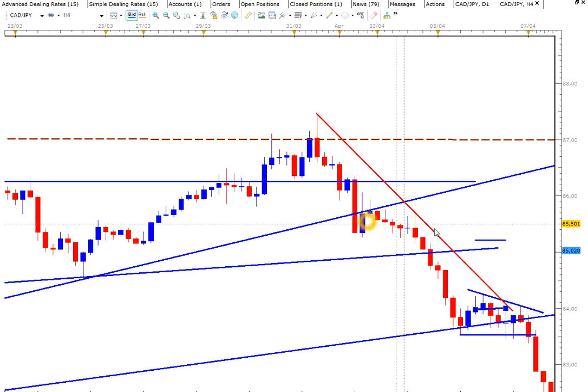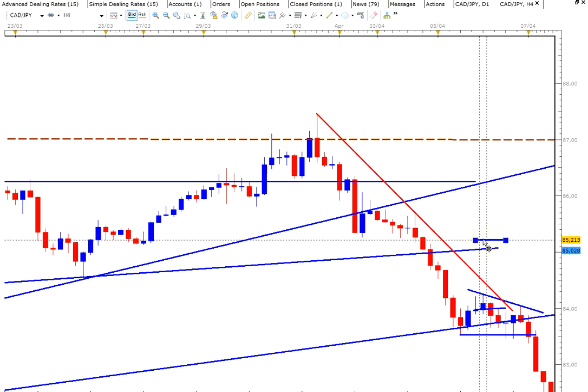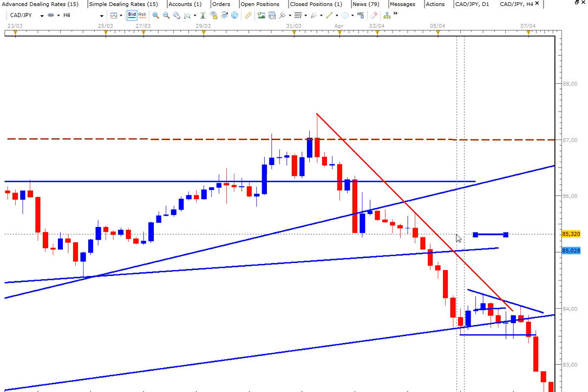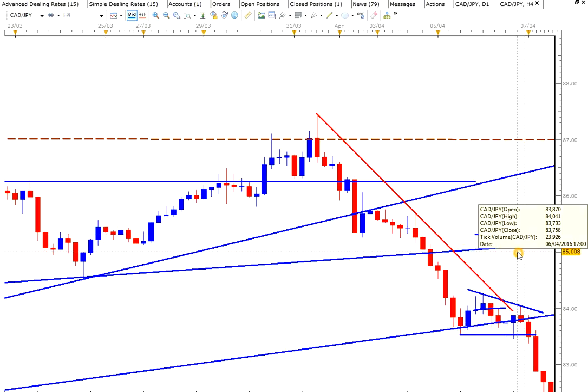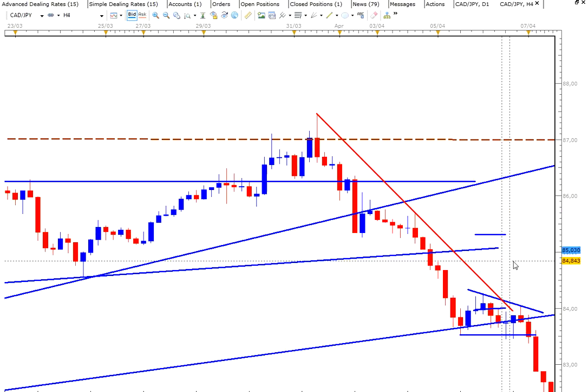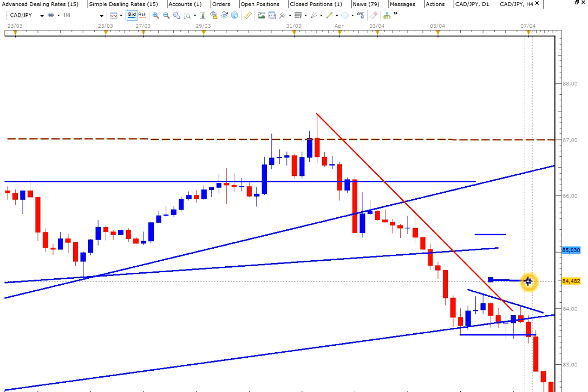Well, actually, let's use a higher stop loss of 85.30, which would have been a better and a higher stop loss. So entry could actually have been at 84.10 with a 120 pip stop loss.